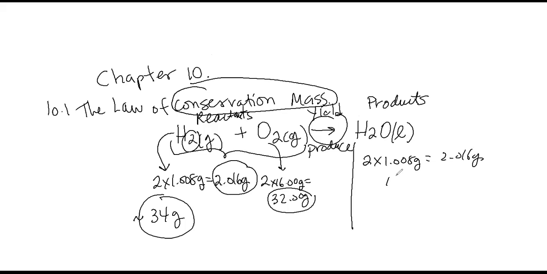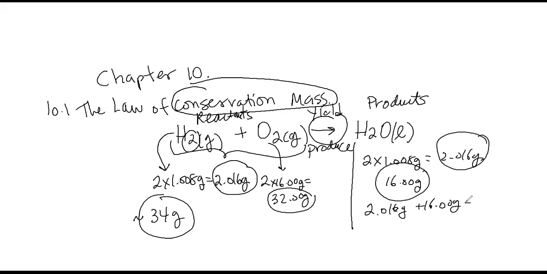So it will be just 16.00 grams. I'm going to add this plus this. And so total mass will be here 2.016 grams plus 16.00 grams, which is nothing else but 16 plus 2, about 18 grams.